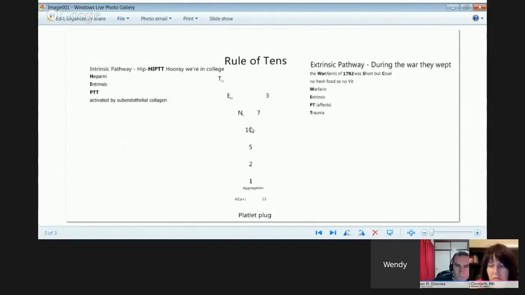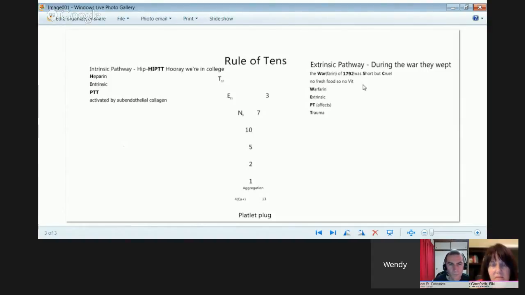Okay. So let's talk a little bit about intrinsic and extrinsic. Let's do the extrinsic first. It's the one on the right side. Extrinsic pathway. So my mnemonic is "during the war they wept." War is for warfarin. And I have 1792, because it's like 1492 Columbus sailed the ocean blue.